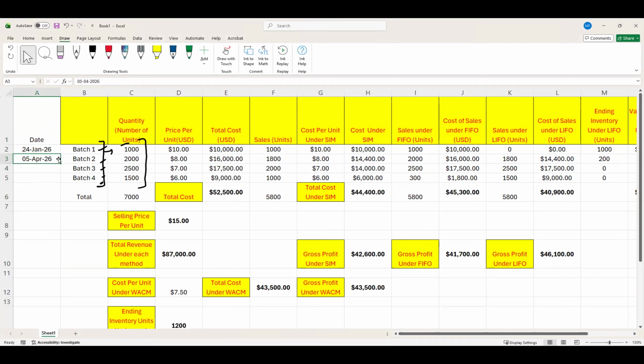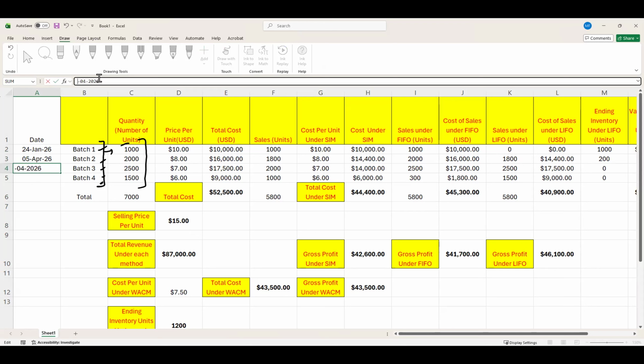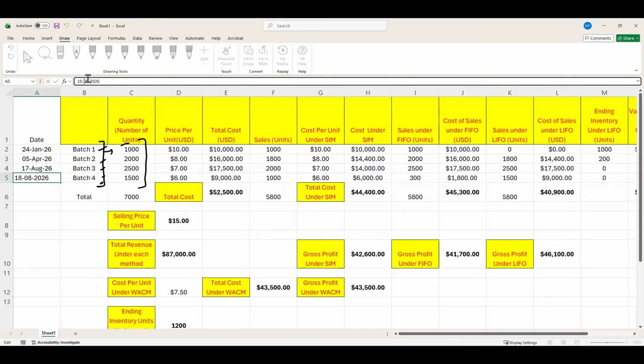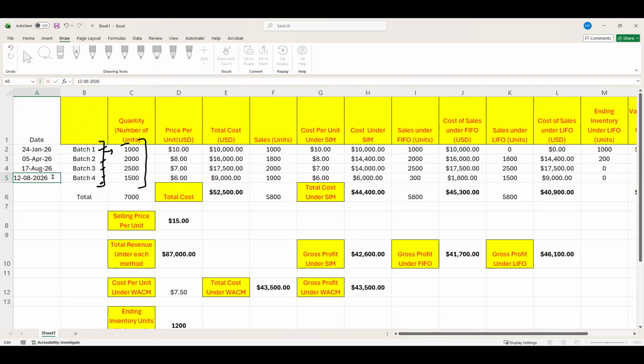Next purchase happened on, randomly, we can take any dates, say 17th August. And then the last purchase happened on say 12th October.